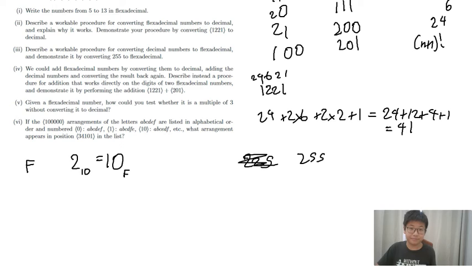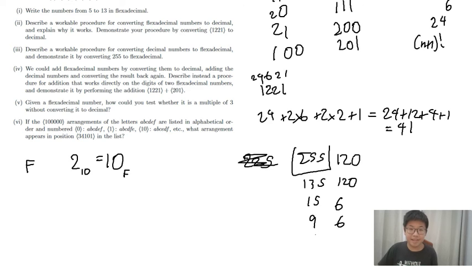255. So what is the largest factorial which is less than 255? 120. So we subtract to get 135, 120, 15, and then what's the largest factorial here? 6. And then 9, 6, 3, 2, 1, 1. There.